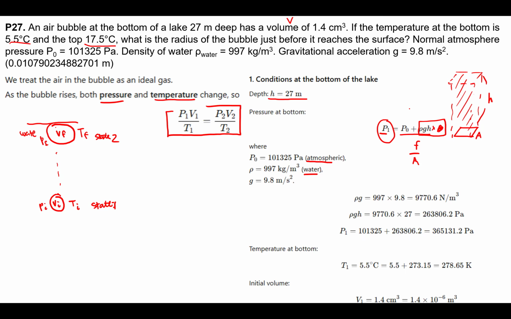Okay, this is the one thing you need to understand. This is the very important step to solve the problem. Then we have the pressure at the bottom given by this one, and the temperature at the bottom is already given. Okay, and we also have an initial volume. So we know what P1 is, we know what T1 is, and we know what V1 is.